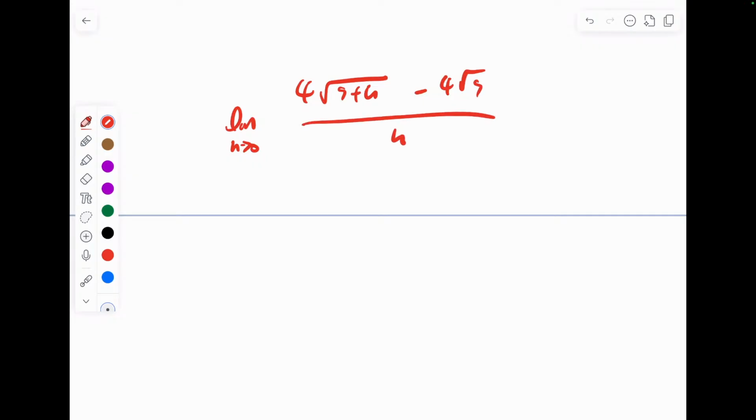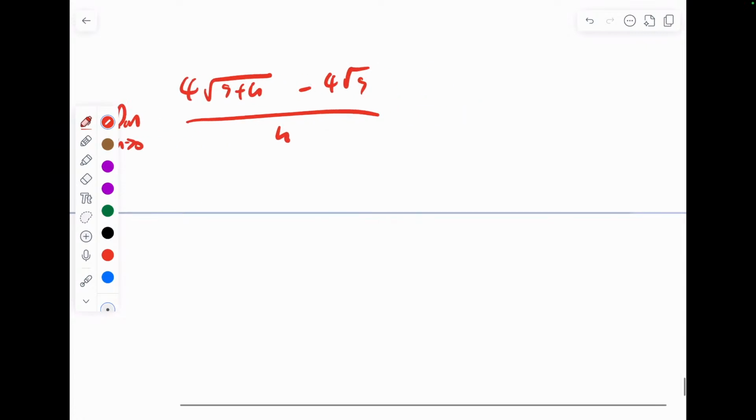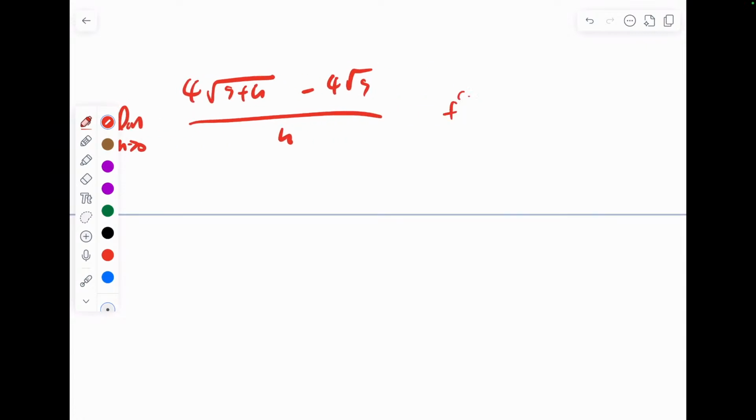So this one is the definition of the derivative. In this case, you have to identify that f prime of x is equal to the limit as h approaches 0 of f of x plus h minus f of x over h.